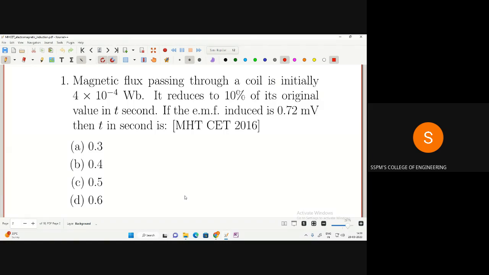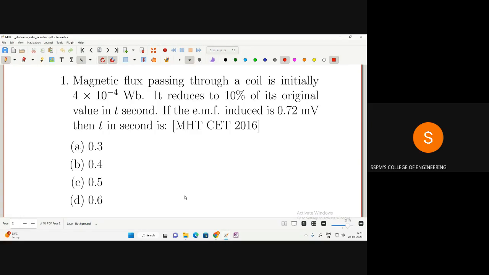If the EMF induced is 0.72 millivolt, then what is the t in second? The t we have to calculate. The t is the time taken for reduction of the flux from initial to the final. The final flux reduces to 10% of its original value.